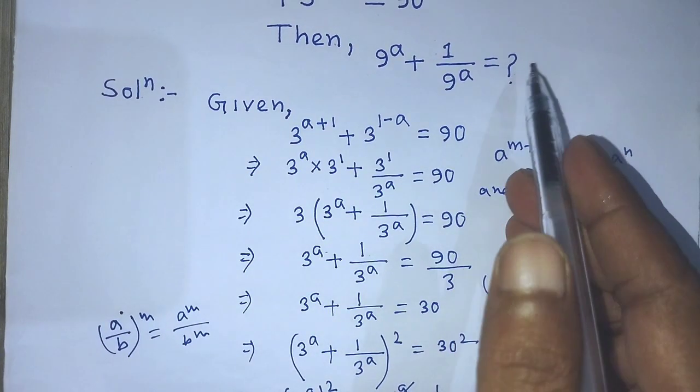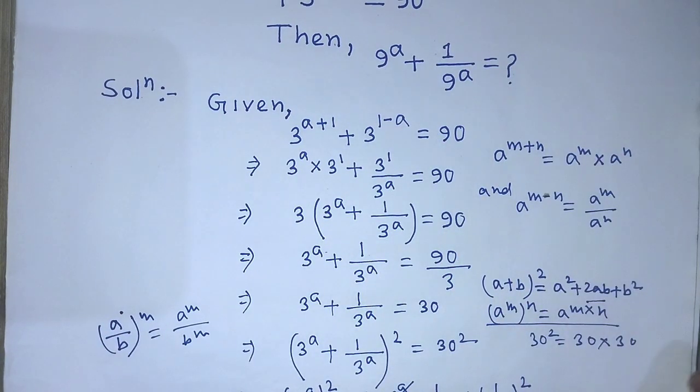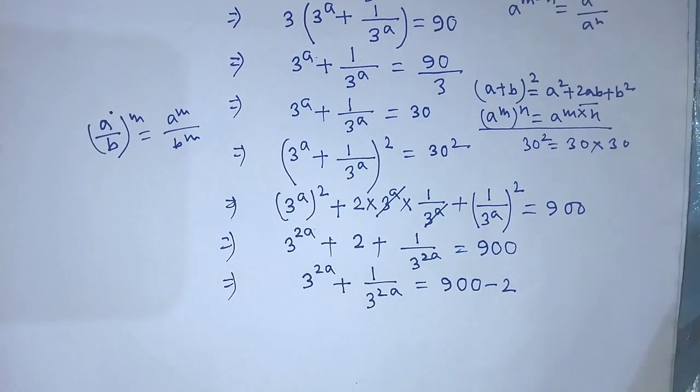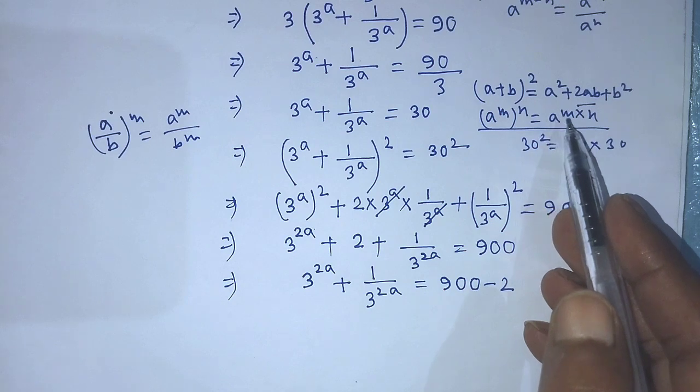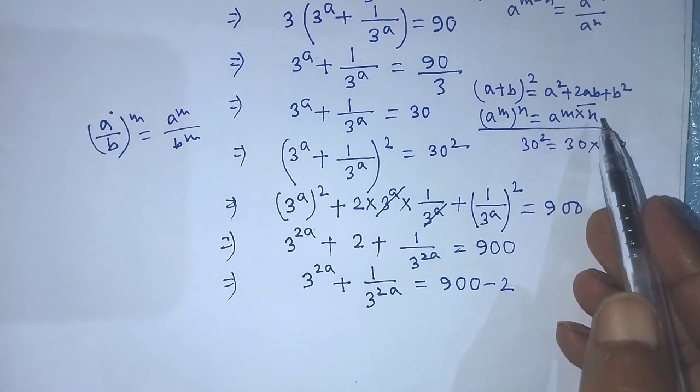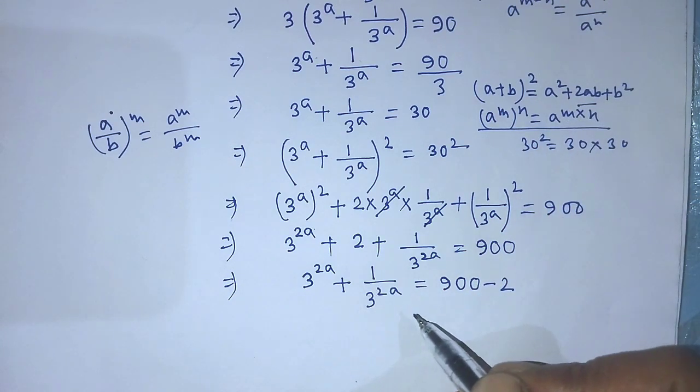To find the value of this algebraic expression, again we have to apply the formula (a to the power m) whole to the power n is equal to a to the power m into n on the left hand side of this equation.